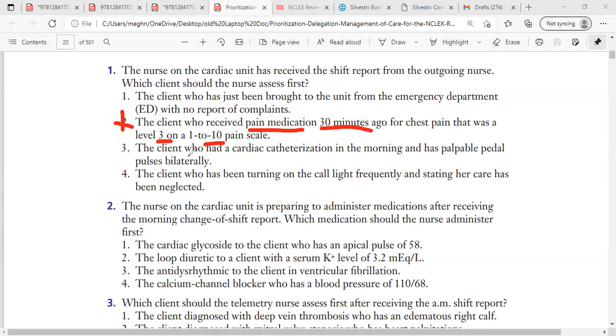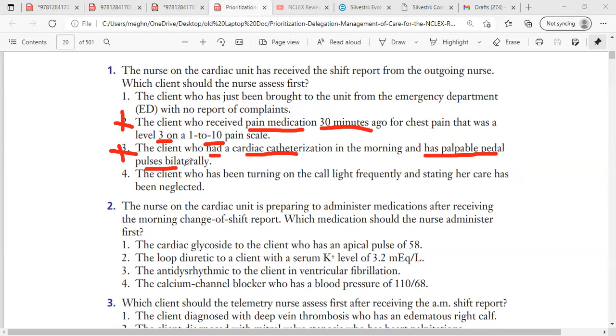Number 3, the client who had a cardiac catheterization in the morning and has palpable pedal pulses bilaterally. Number 3 is not the answer. Why? My patient had a cardiac catheterization, okay, no problem, and during the check I felt palpable pedal pulses bilaterally.